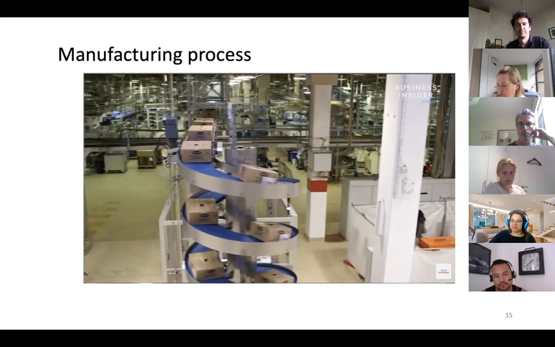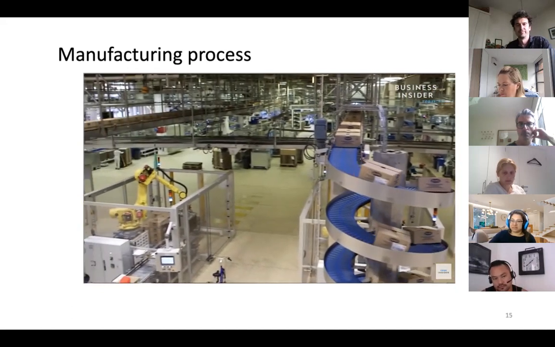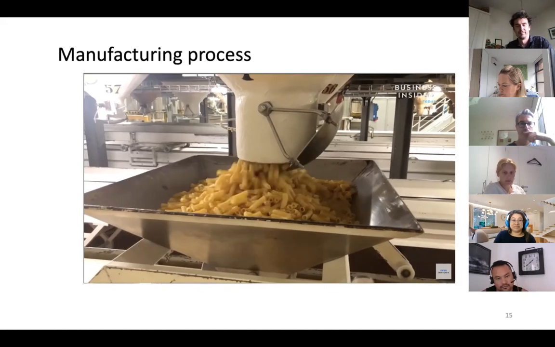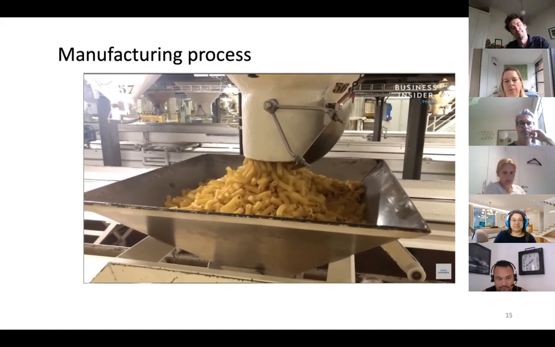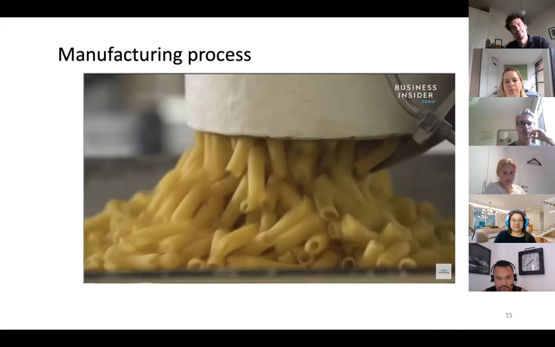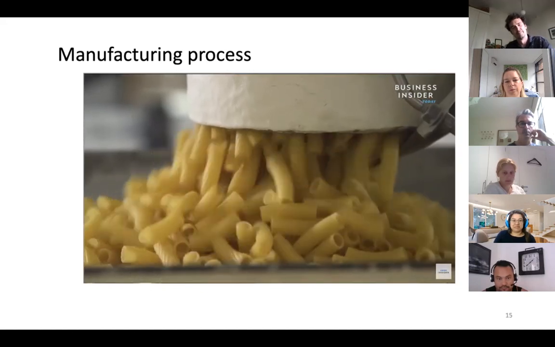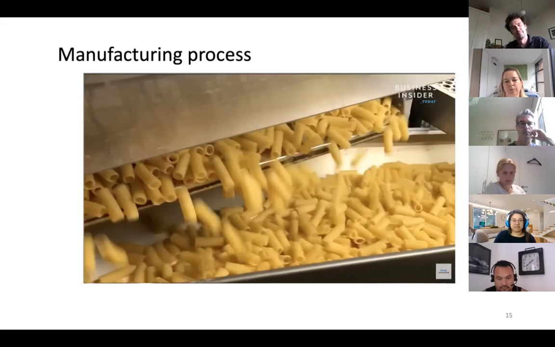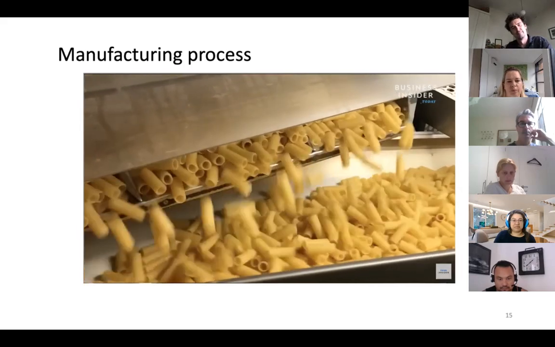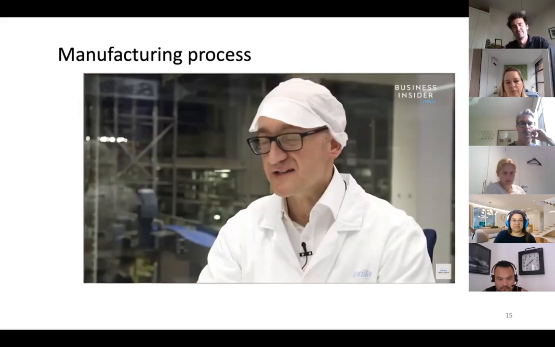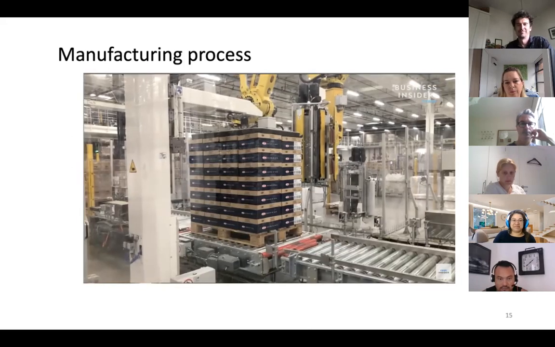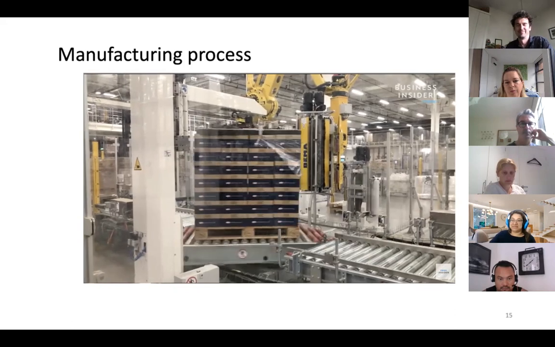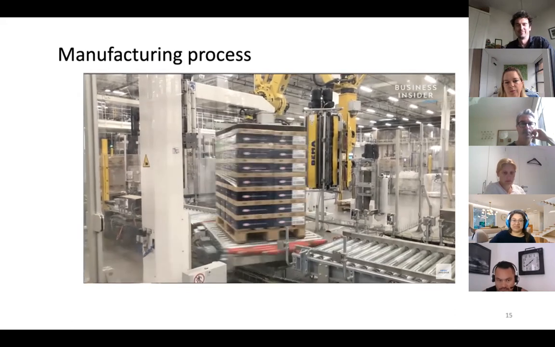The Barilla factory operates 24 hours, 7 days a week. We produce more than 320,000 tons of pasta per year, which means at the end of the year, more than 4.2 billion pasta dishes. So we are very proud to say that in 18 months, we can feed the entire population of the world. Barilla started as a small bake shop in the center of Parma more than 140 years ago.